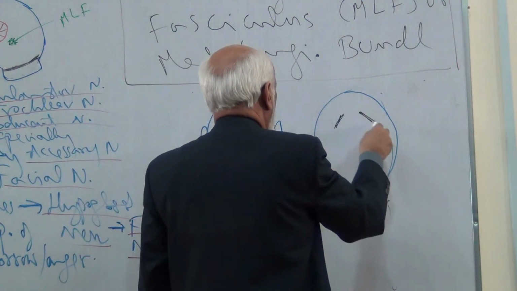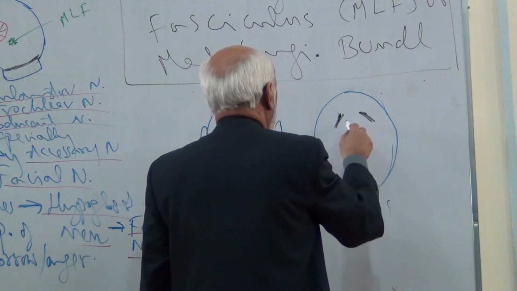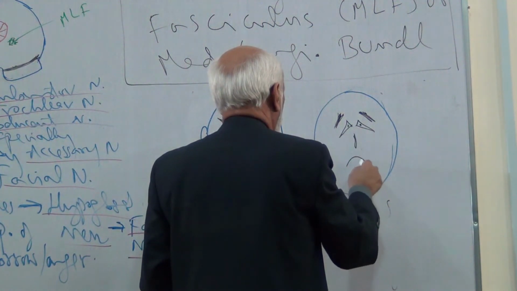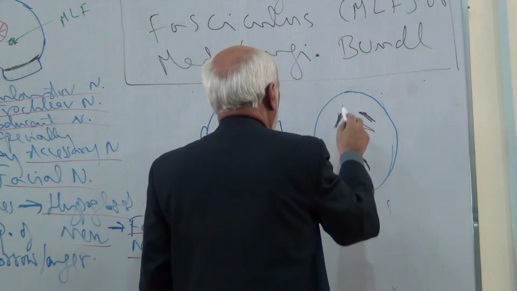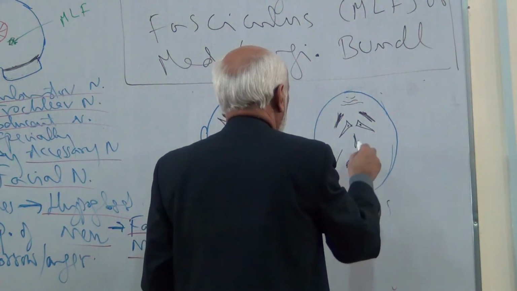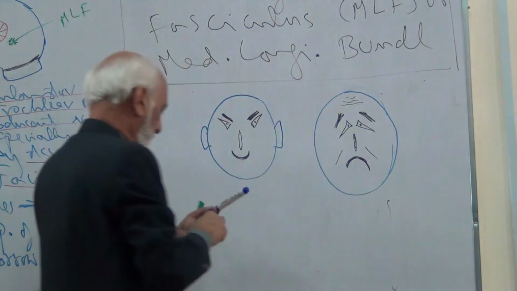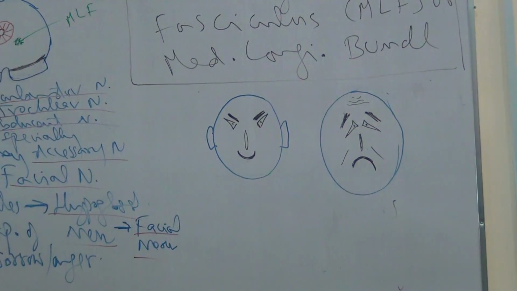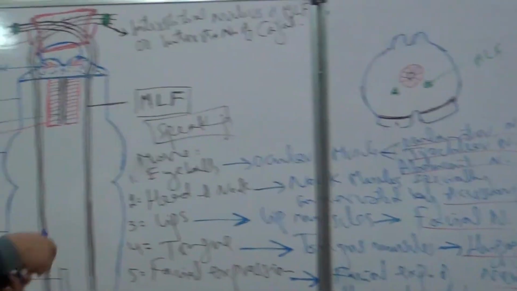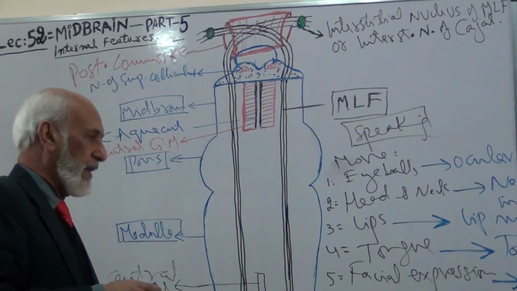This is the expression of sadness or anger, wrinkles, etc. So all these motor activities, they are integrated, interconnected, and synchronized movements occur.